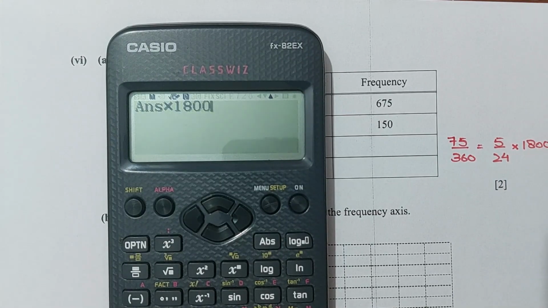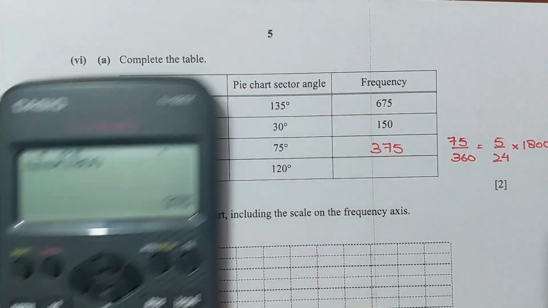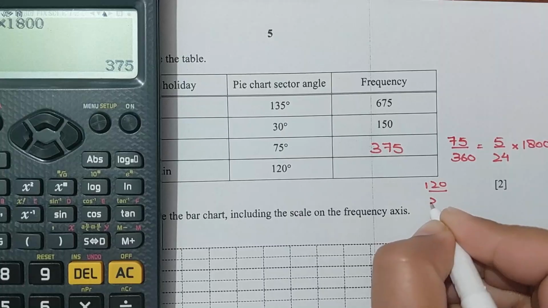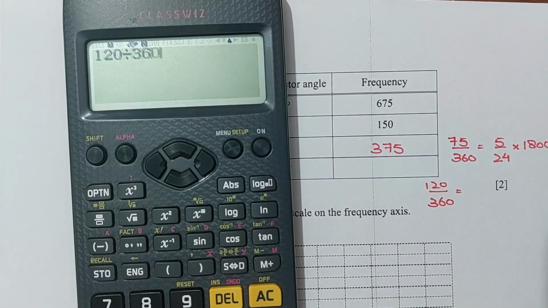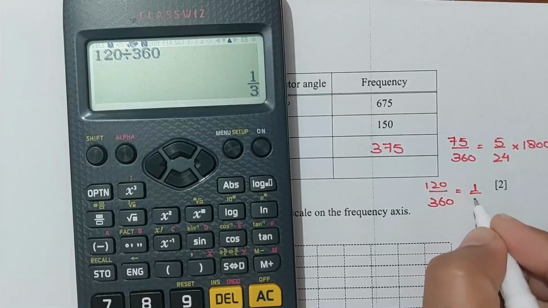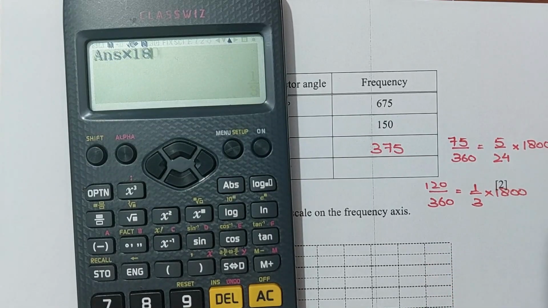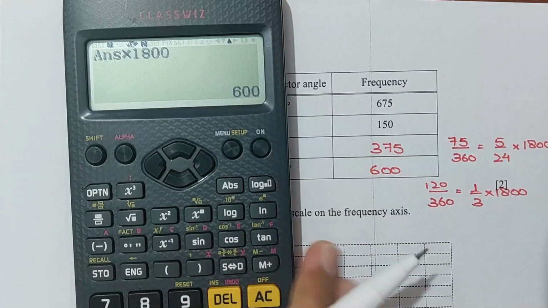Of 1800, 375 prefer the lake. The mountain is 120 out of 360, which is 1/3. So 1/3 of the total 1800, which is 600.